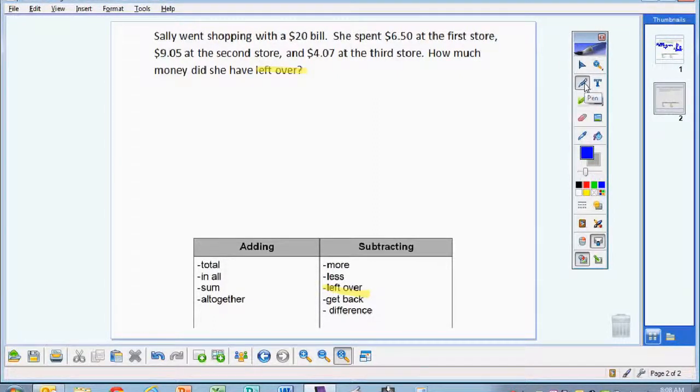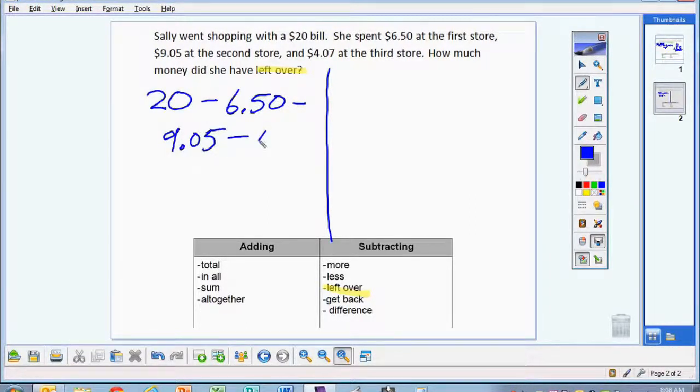I'm about to do my number sentence, so if you're not ready, pause the video so you can finish practicing and then check with me. There's two ways to solve this. We could do 20 minus 6.50 minus 9.05 minus 4.07 to get our answer.